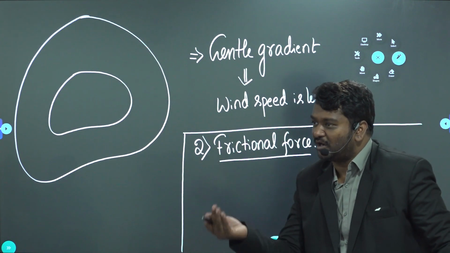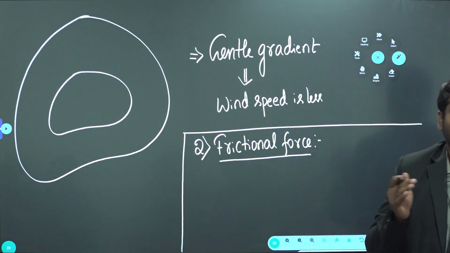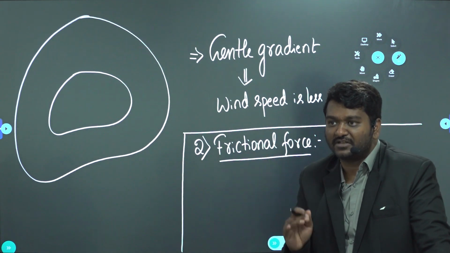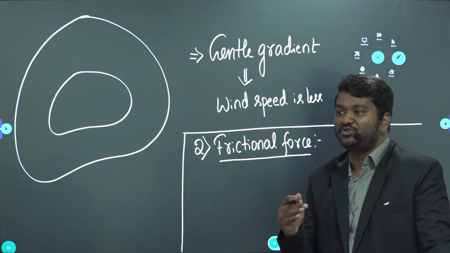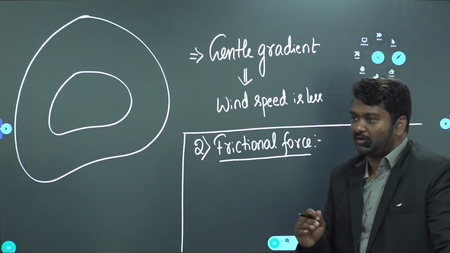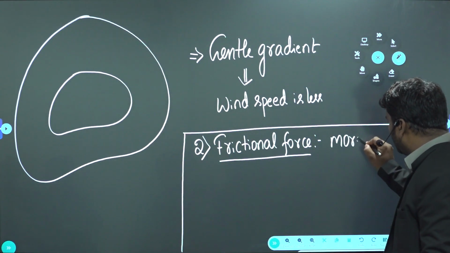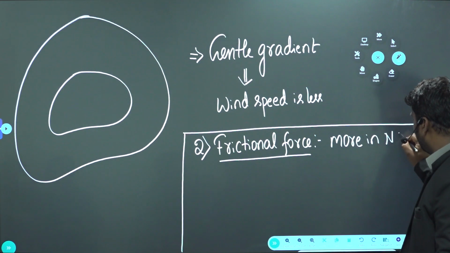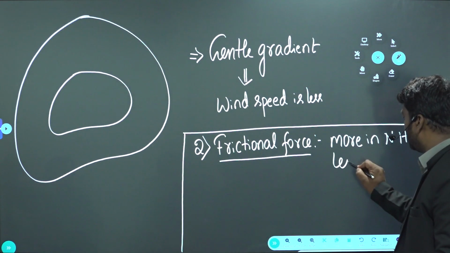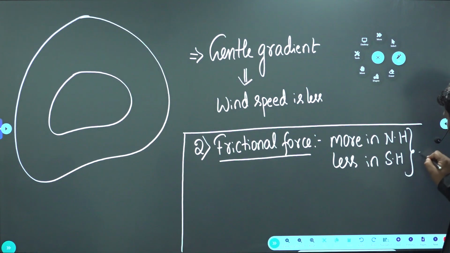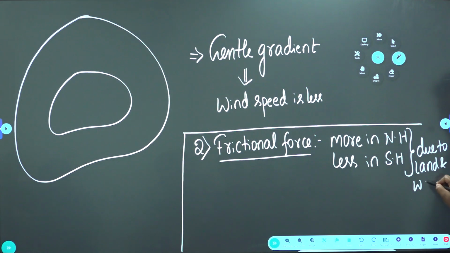Land is more in the northern hemisphere, less in the southern hemisphere. Any comparison between northern hemisphere and southern hemisphere is distribution of land and water, right? So frictional force is more in northern hemisphere, less in southern hemisphere, due to land and water distribution.